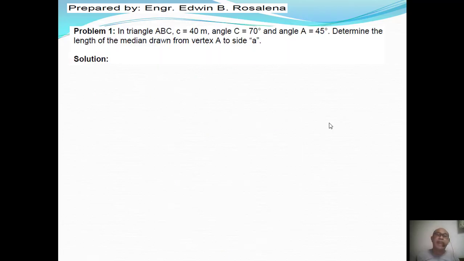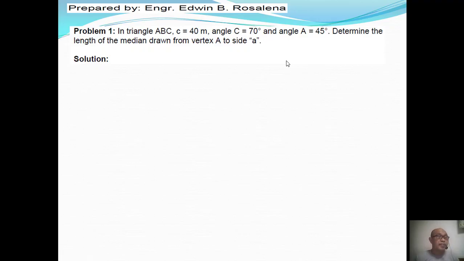Okay? Next, the problems. We have now the problems. Problem 1. In triangle ABC, c equals 40, angle C is 70, and angle A is 45. Determine the length of the median from vertex A to side a. Okay?